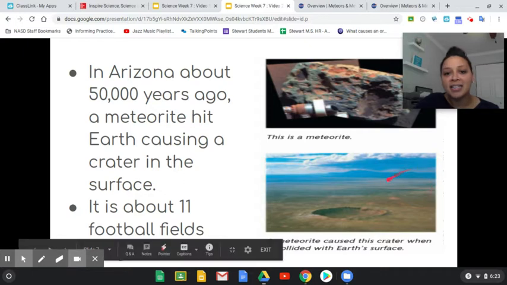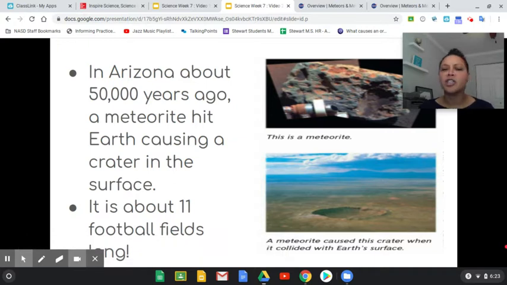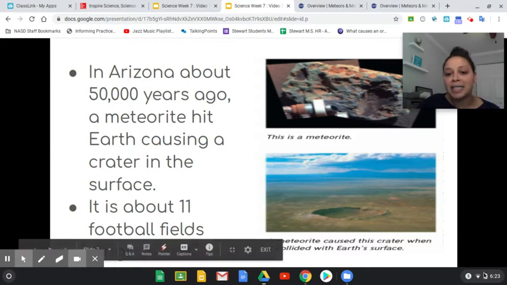But about 50,000 years ago, so if you look here, this is a meteorite that basically caused this crater in Earth's surface. And this happened in Arizona. And we shared this with you last week too, Mr. Abbott did in his lab. So 50,000 years ago, a meteorite hit Earth, causing a crater in the surface. And so as you can see down here, here's the crater that it formed.